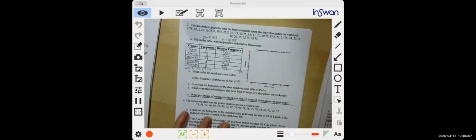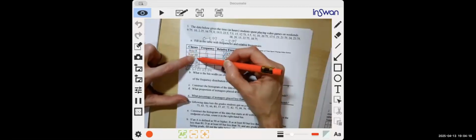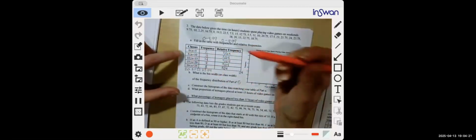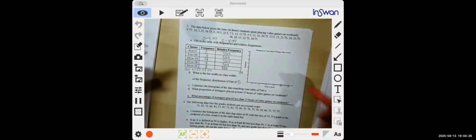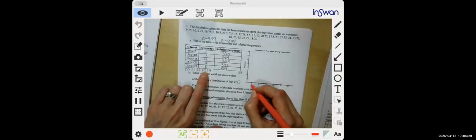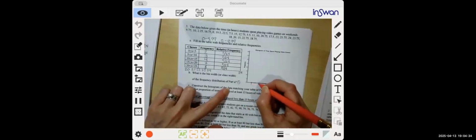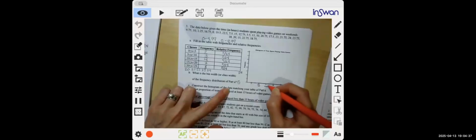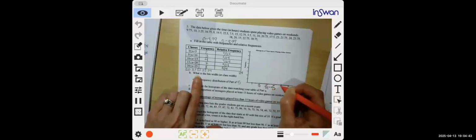And then construct the histogram. So this one, we kind of need to mess around with these numbers here. We're going to use 0, 5, 10, 15, 20, 25 as our bins because that's what we created here. We know how many are in each of those different areas. So this is 5, and I know you guys can take the dots and move them around. So move those dots around. Do 10, 15, 20, and 25.